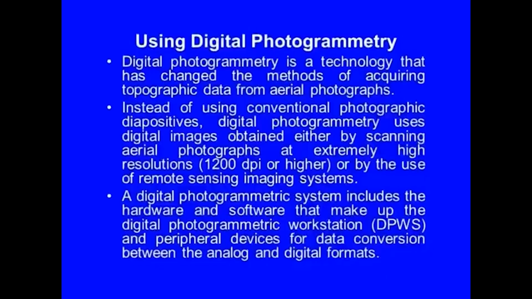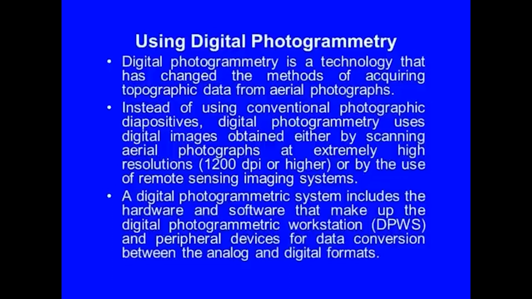The next technique could be using digital photogrammetry. Digital photogrammetry is a technique that has changed the methods of acquiring topographical data from aerial photographs. Instead of using conventional photographic diapositives, digital photogrammetry uses digital images obtained either by scanning aerial photographs at extremely high resolution, that is at about 1200 dpi or higher, or by the use of remote sensing imaging systems.